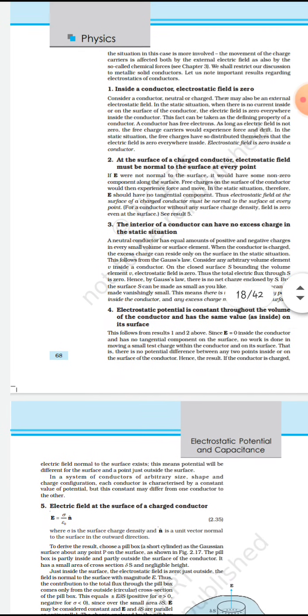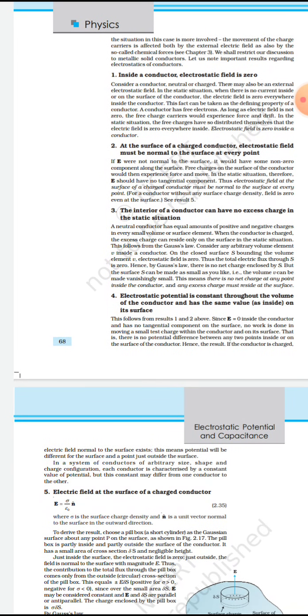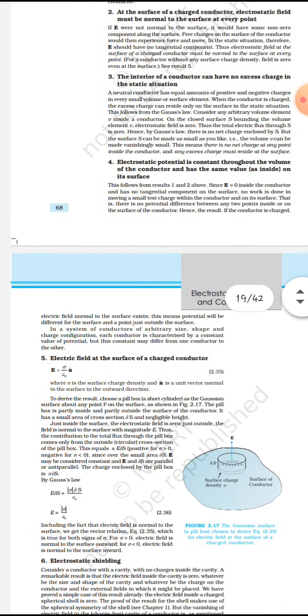The field is 0, as you know, so the volume V can be made arbitrarily small. This means there is no net charge at any point inside the conductor, and any excess charge must reside at the surface.